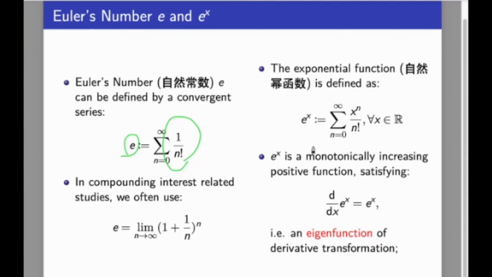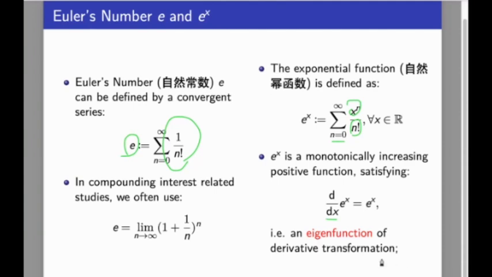And the convergence is valid for all x in R. Since the denominator n factorial decays much faster than a power of x, we can exchange the derivative with summation and get the result that the derivative of e to x is itself.